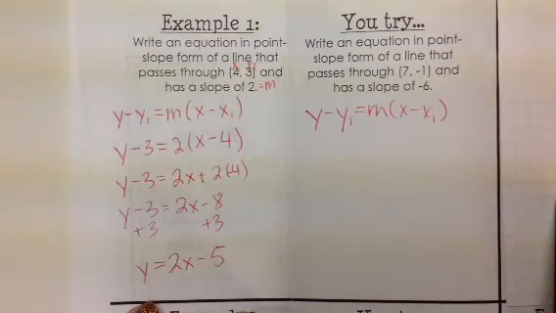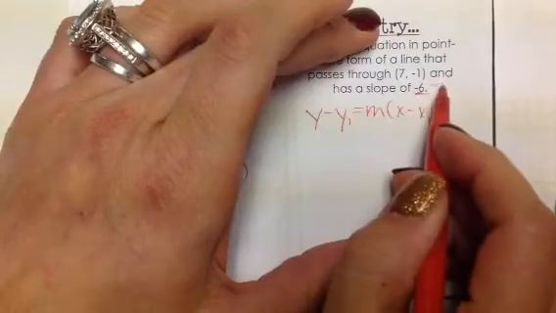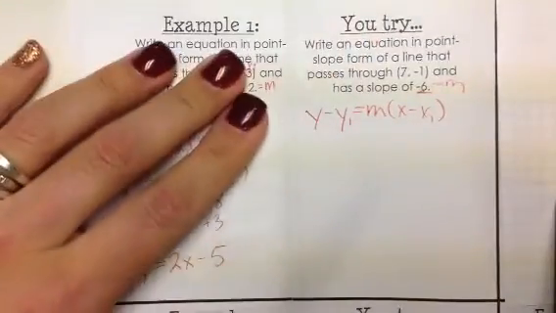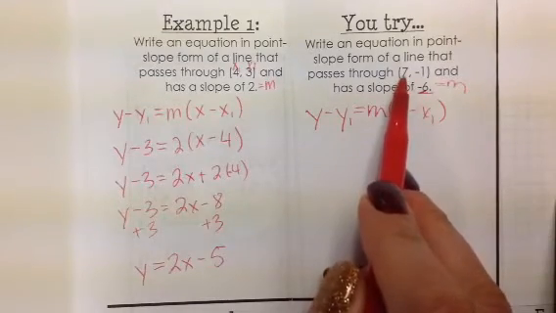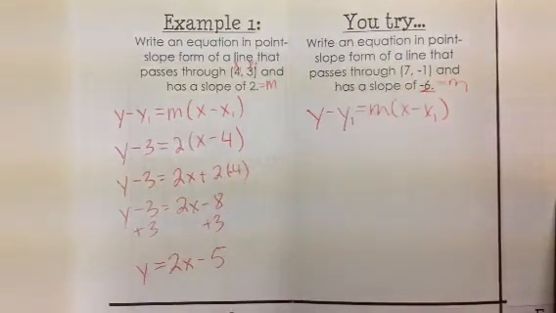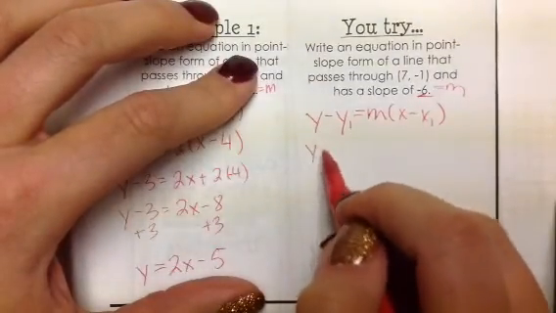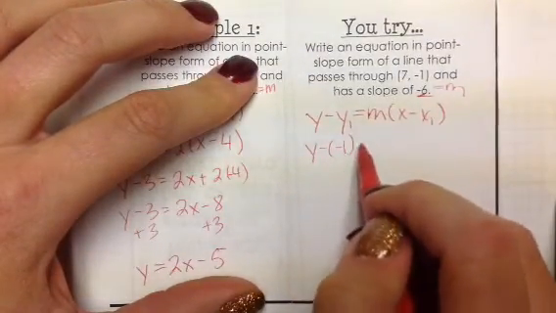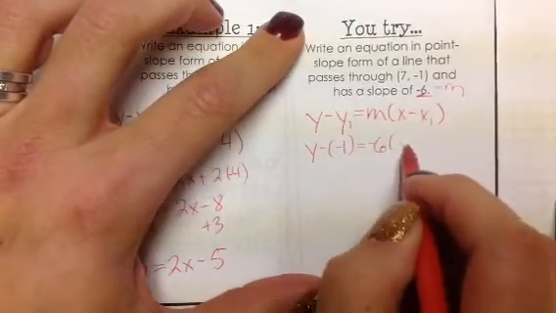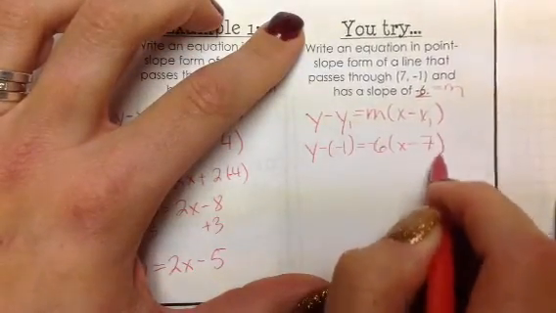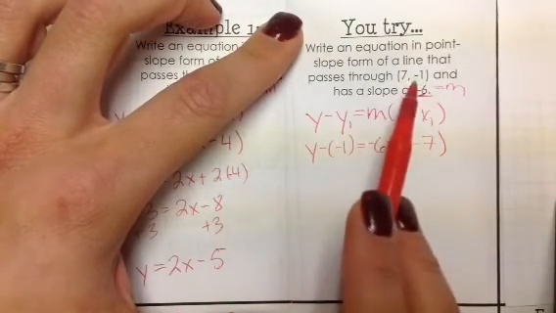We need to identify m, which is this negative 6, and then our coordinate point that the line passes through: our x1 will be 7 and our y1 will be negative 1. So we plug this in: y minus negative 1 equals negative 6 times x minus 7. This negative 1 here is what we got from the coordinate point.